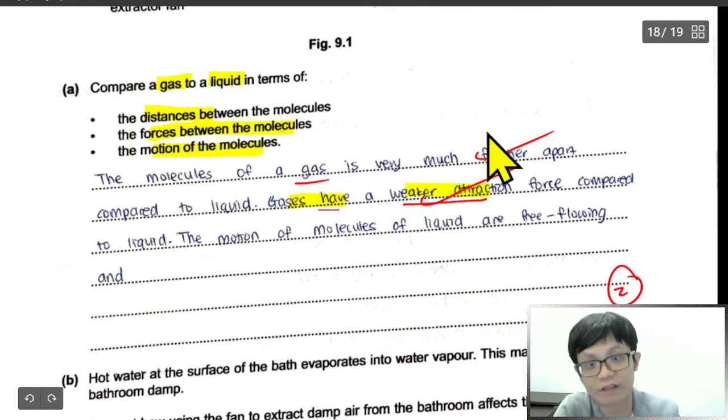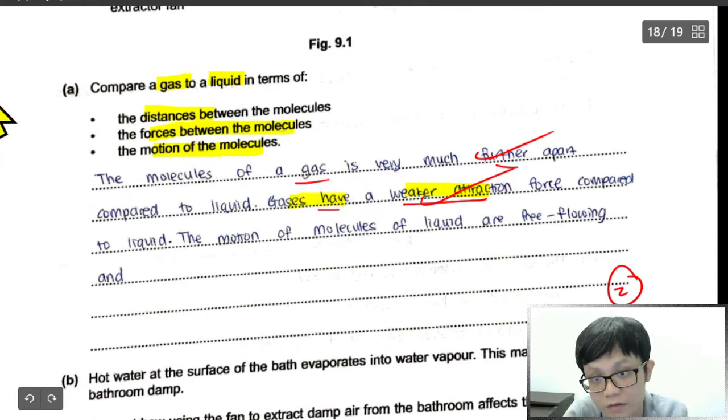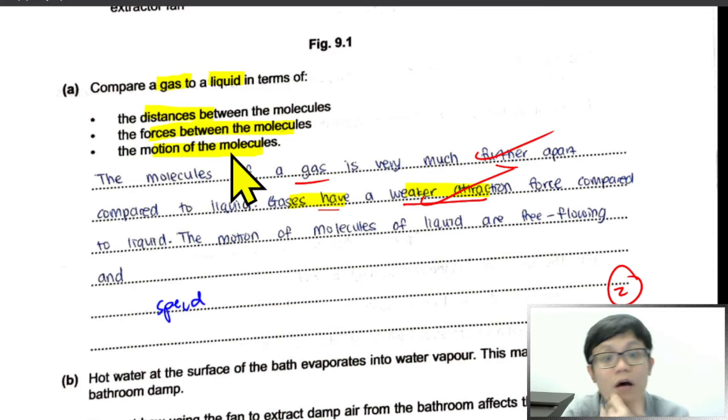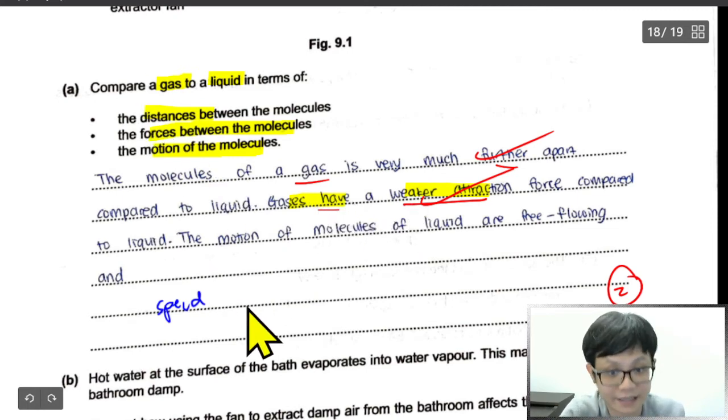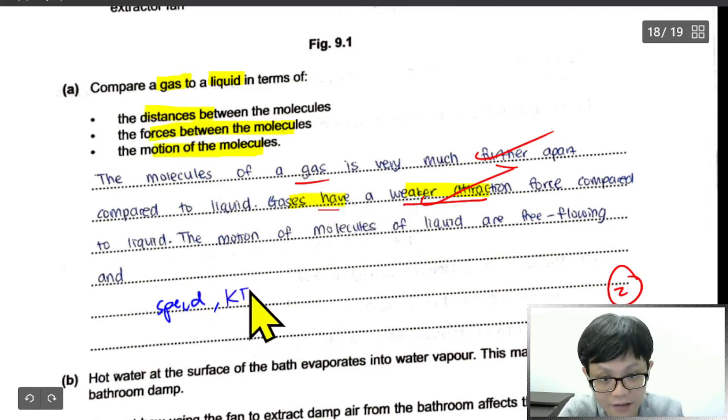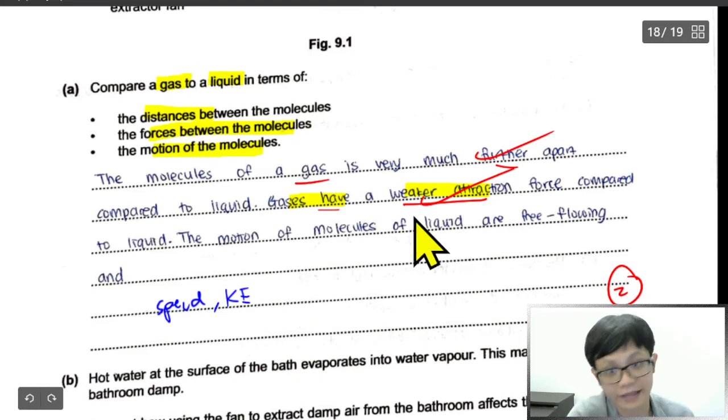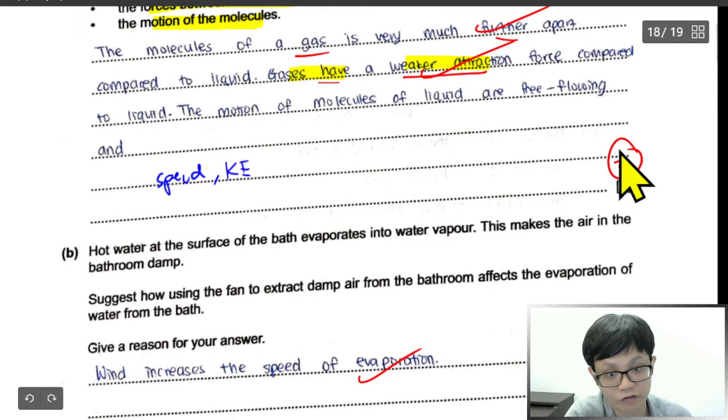We are talking about speed, so the keyword is speed. We can say that the motion of molecules in the air is faster compared to the liquid, or we can also say kinetic energy. The air has more kinetic energy compared to the liquid, so the student gets only 2 marks.